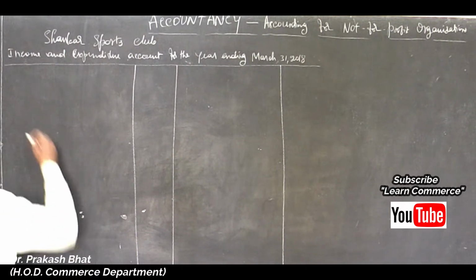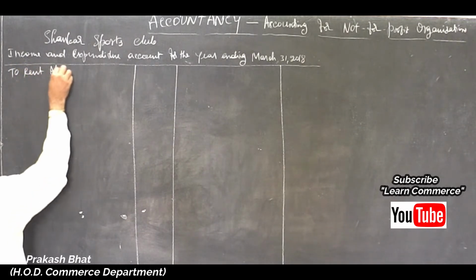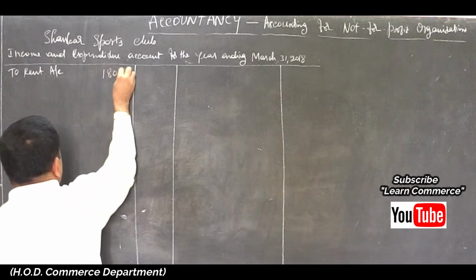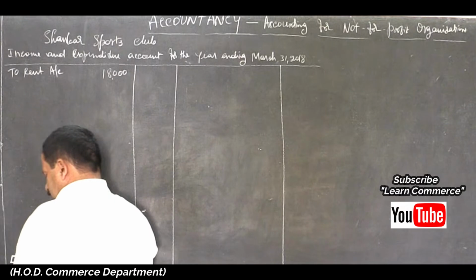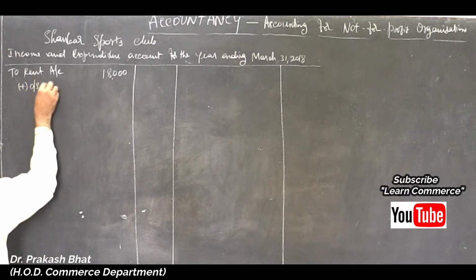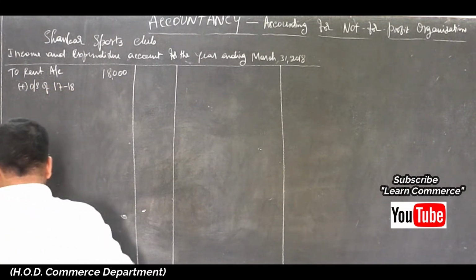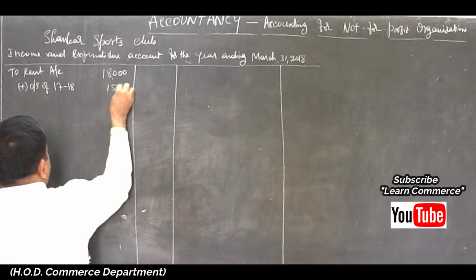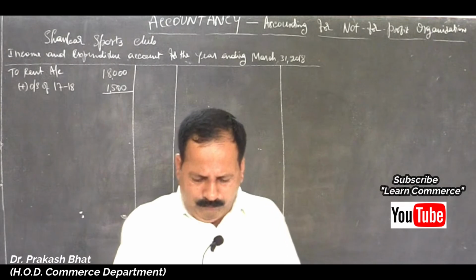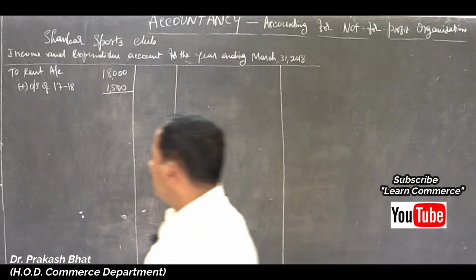To rent account, 18,000 in the inner column, add outstanding of 17-18, it's current year, 1,500, outstanding of current year 1,500, isn't it?